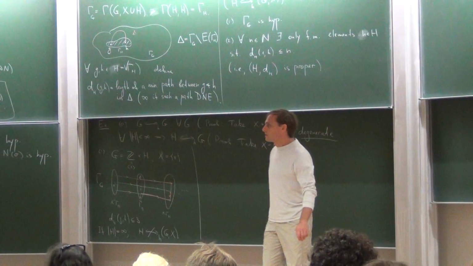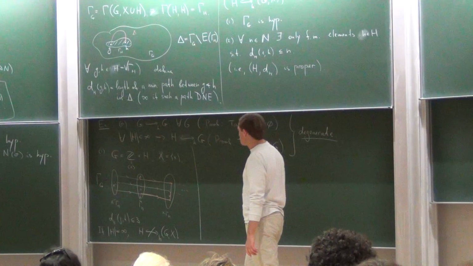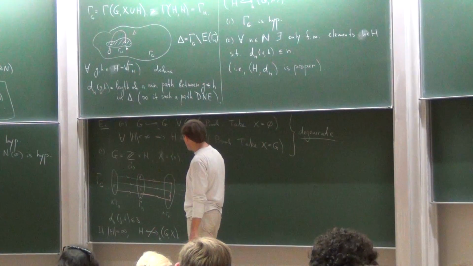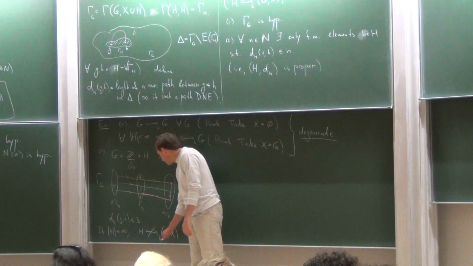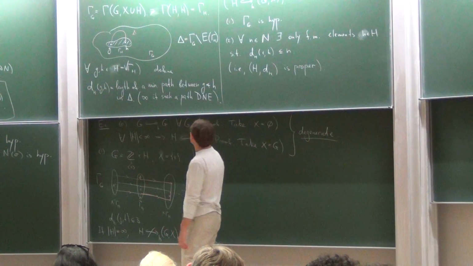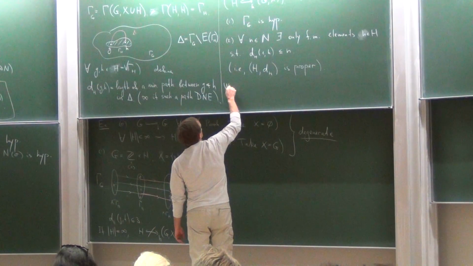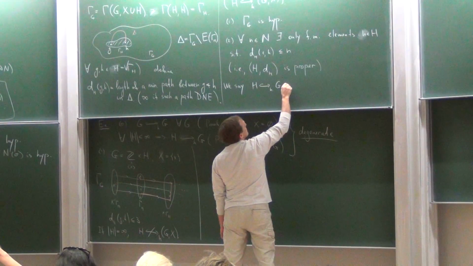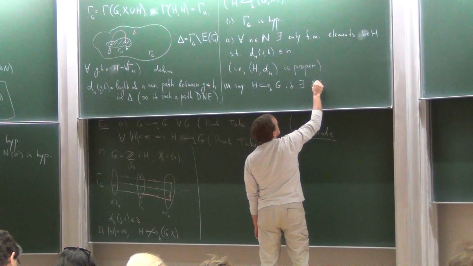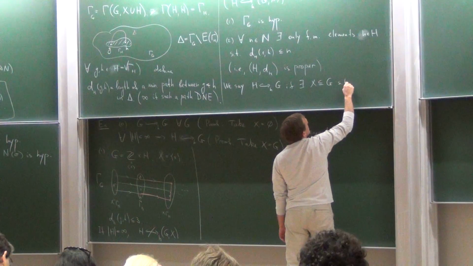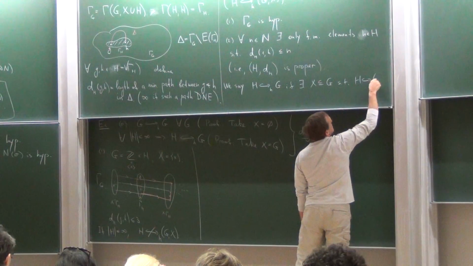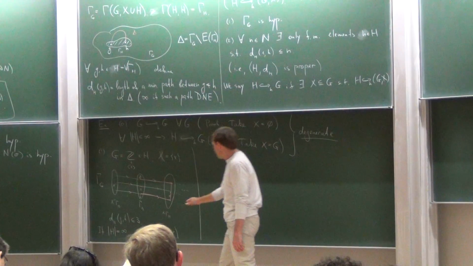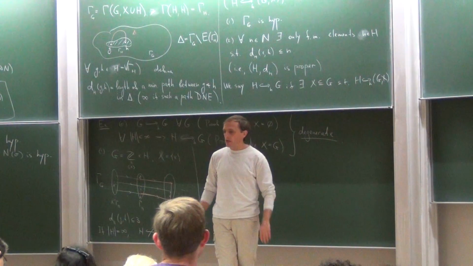So, does that also hold for the semi-direct product? Well, if you think a little bit, you realize that first of all, H is not hyperbolically embedded in G with respect to any set. And by the way, we say that H is hyperbolically embedded into G if there exists X in G such that H is hyperbolically embedded in G with respect to X. So in this case, H is not hyperbolically embedded with respect to any generating set.